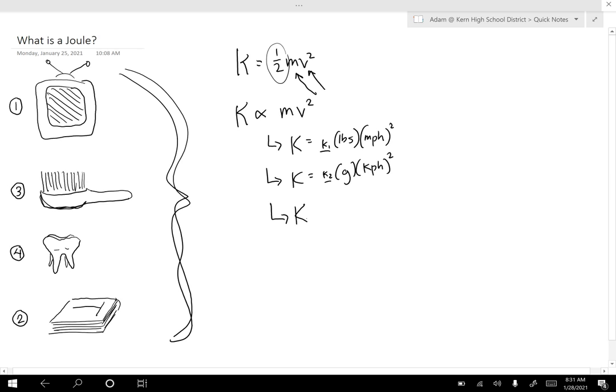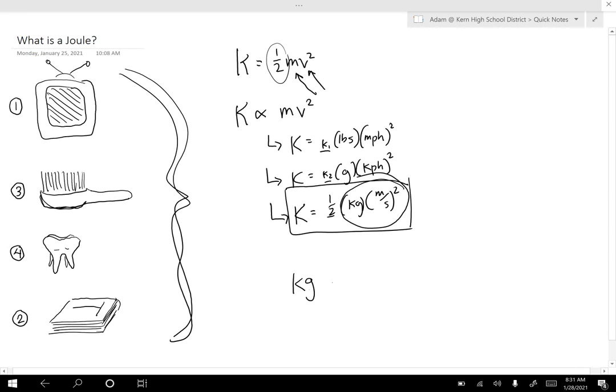So when we use kilograms and meters per second, that's when we get that 1/2 value. So even though your ranking was correct, if you didn't use kilograms and meters per second as your units, your values weren't correct.